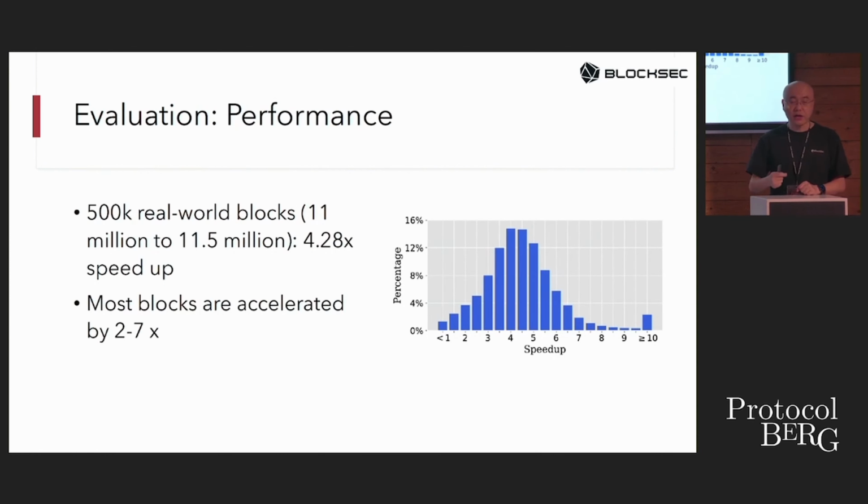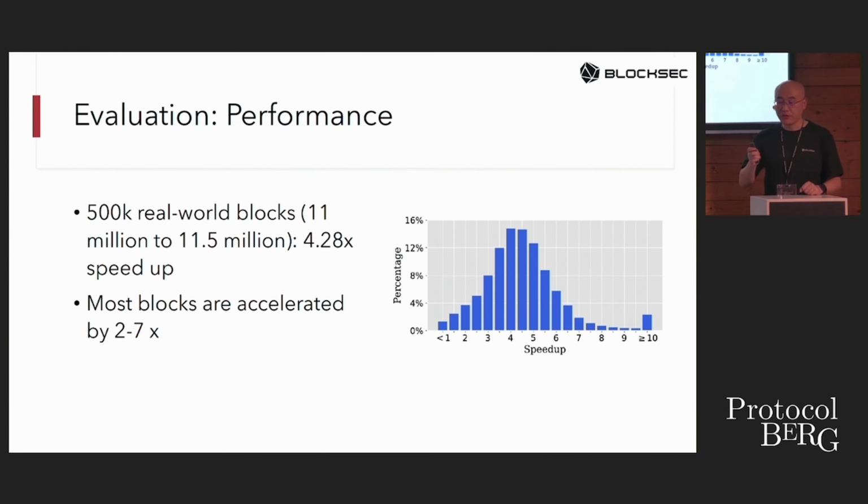Another evaluation we have performed is the performance evaluation. We want to understand how much speedup can be achieved using our operation-level concurrency algorithm. To perform this evaluation, we replayed 0.5 million blocks, from block 11 million to 11.5 million.